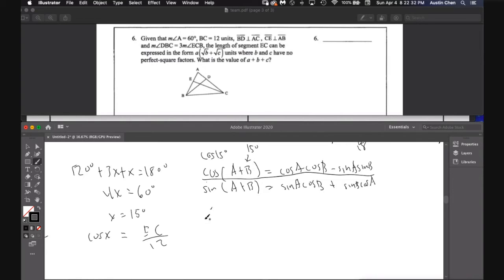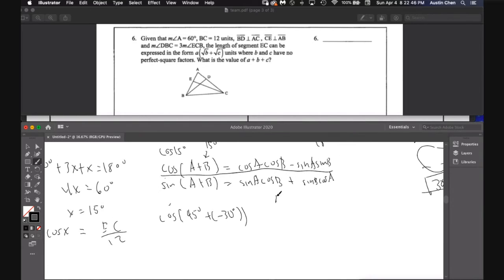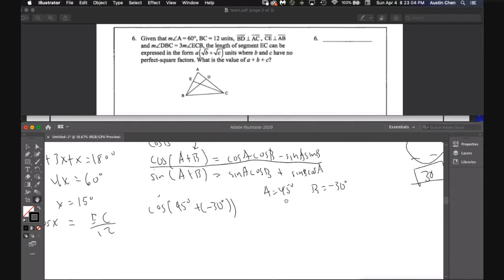So what we're going to do here is say cosine of 15 degrees is equal to cosine of 45 degrees plus the negative of 30 degrees. So this is like having our A equal 45 degrees and our B equal negative 30 degrees. This is helpful because then we can put it into this format and find cosine and sine of 45 degrees and negative 30 degrees relatively easily.